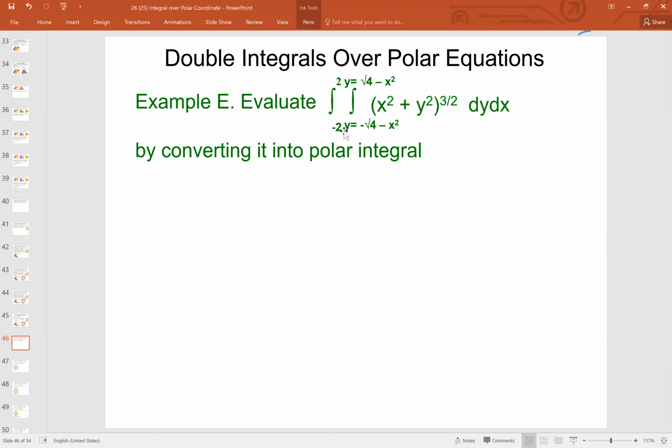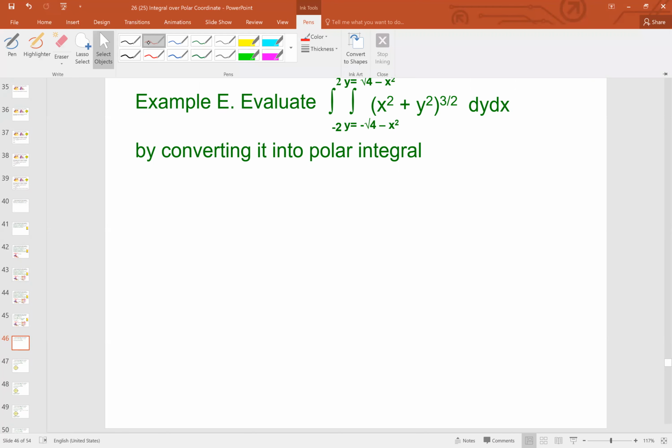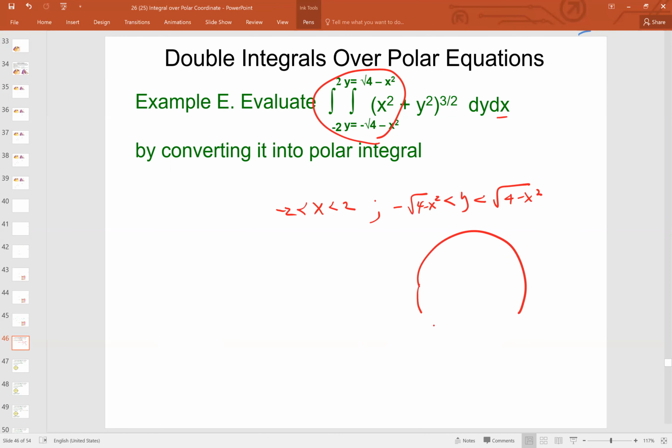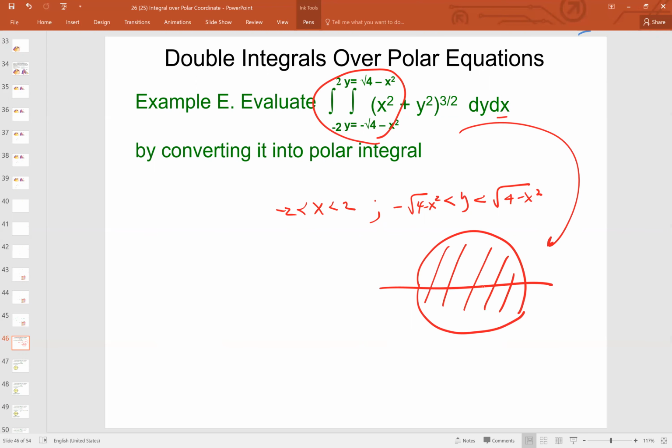If I take a look at the boundary of integration, it says x is between -2 and 2, and y travels from -√(4 minus x squared) to positive √(4 minus x squared). And this, of course, is the circle. So, in other words, we are integrating over the area of a circle of radius 2.